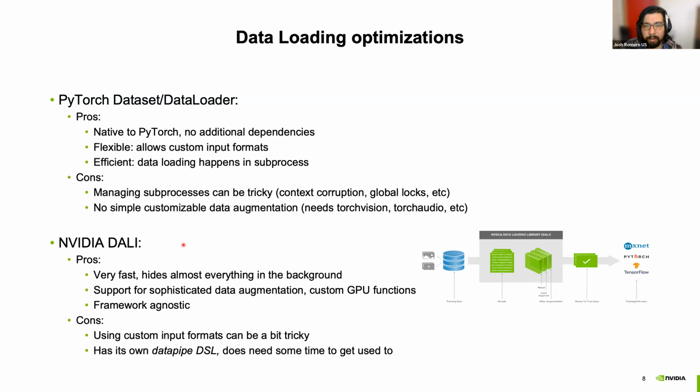It has support for some really sophisticated data augmentation and data loading. It can use things like GPU Direct Storage. It's also framework agnostic. If you write a pipeline in DALI, it's usually pretty easy to take that data pipeline from PyTorch and run it in MXNet or TensorFlow or a different supported framework. The con of it, though, is that it's its own data pipe, domain specific language. It's got its own way of expressing these data loading operations that PyTorch doesn't, so it takes a little bit of time to get used to.